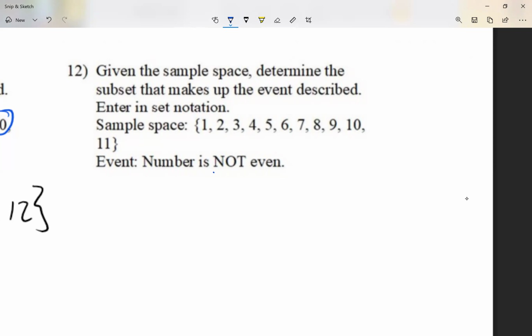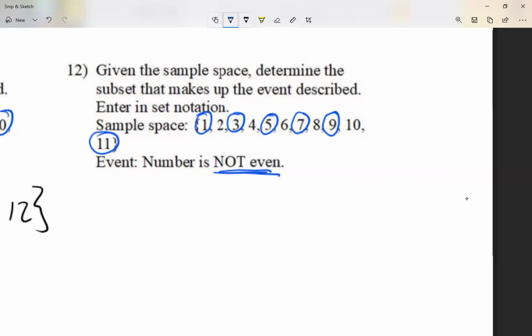I'm going to circle the not even. 1 is not even. 3 is not. 4 is even, so I don't circle it. 5 is not even. 6 is even, so I don't circle it, because remember I'm looking for not even. 7. 8 is even, so I don't. 9 is not even. 10 is, so I don't circle. 11 is not even.